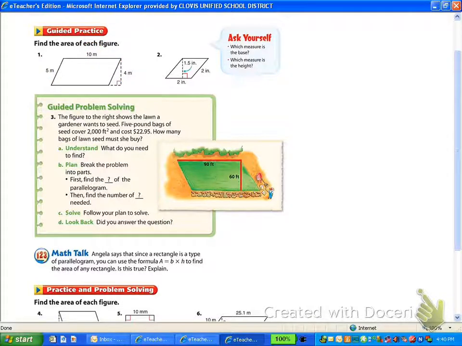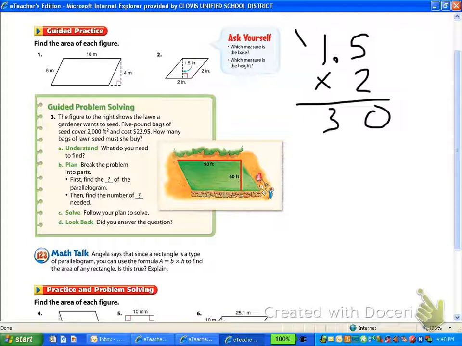Here, number 2, we've got 2 inches, 2 inches, and 1.5 inch right there in the middle. 1.5 is telling us how tall it is from the top to the bottom. So this is going to be 1.5 times 2. 5 times 2 is 10. 2 times 1 is 2 plus 3 is 30.